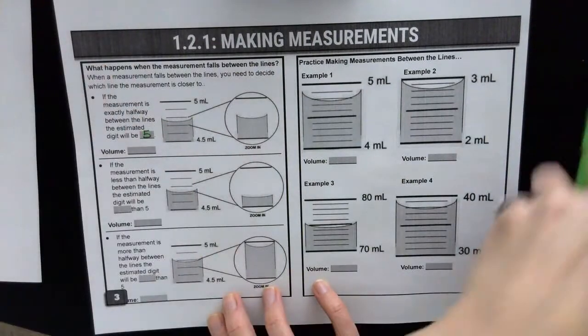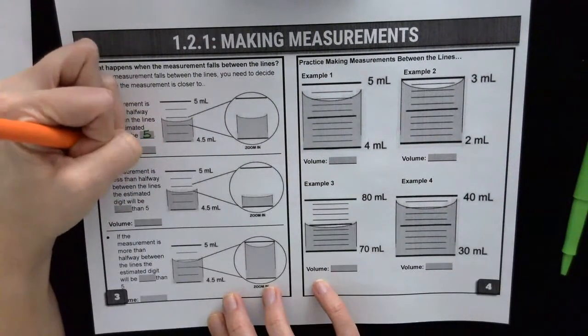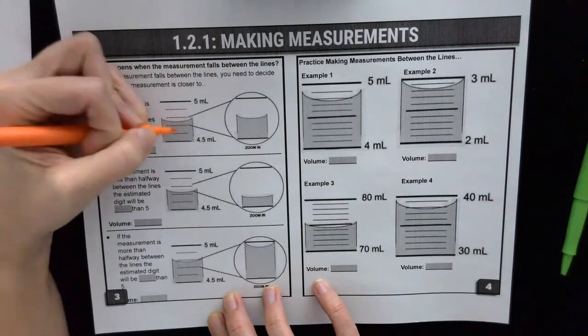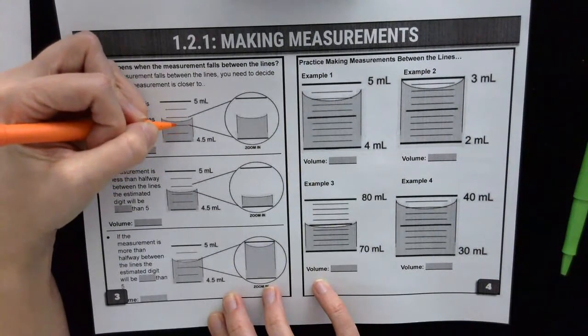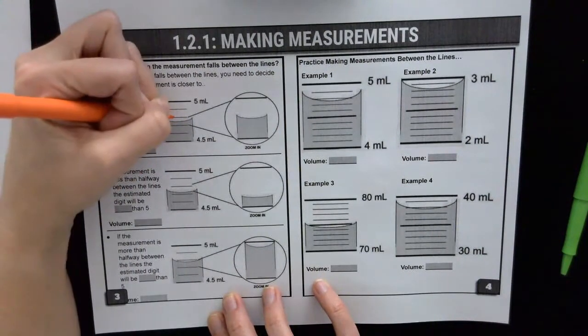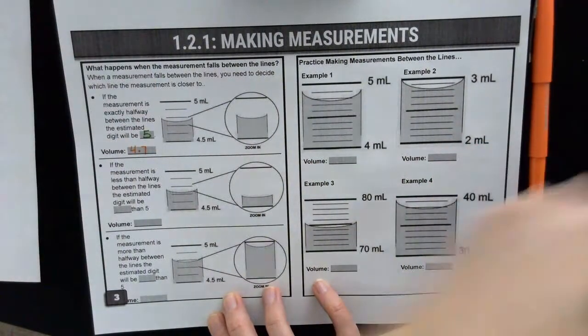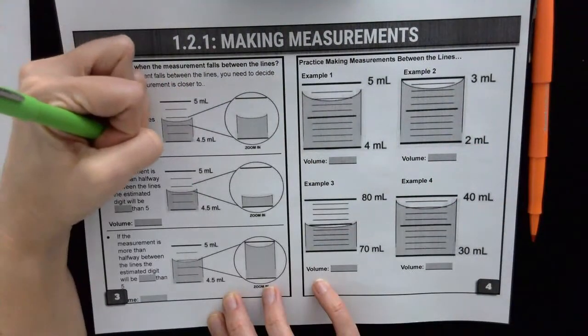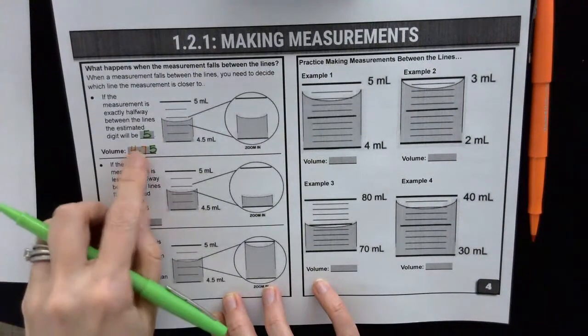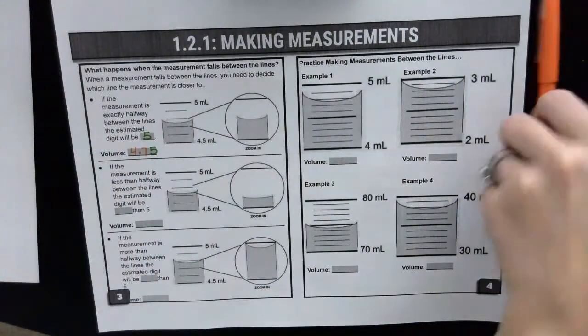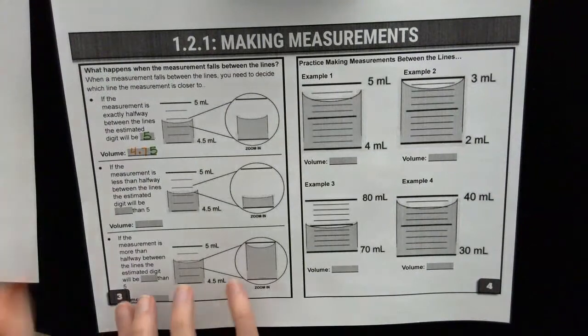So I'm going to write that my measured is 4 point, and then this was 0.6, 0.7, so 4.7. It didn't quite get to the 0.8, and it's exactly halfway between, so my estimated digit is going to be 5, so 4.75.